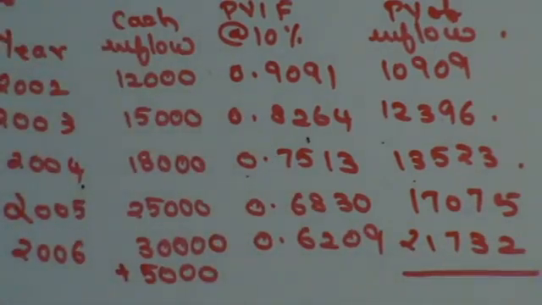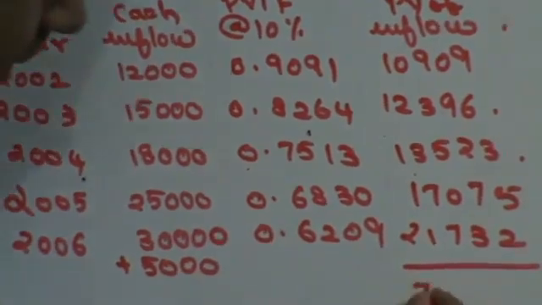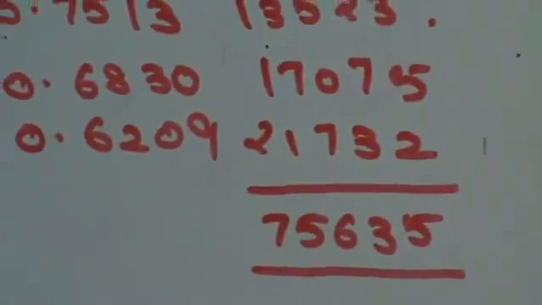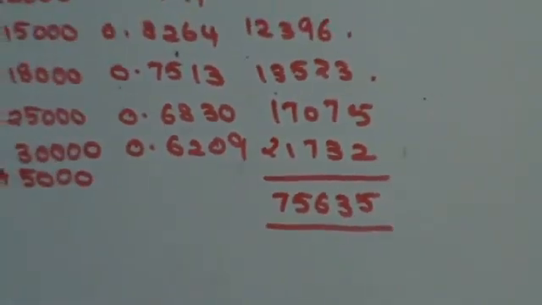When I add all this, I'll get my total present value, that is 75,635. That is going to be my net present value.